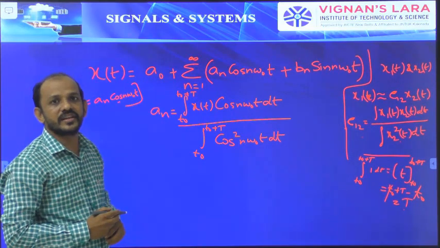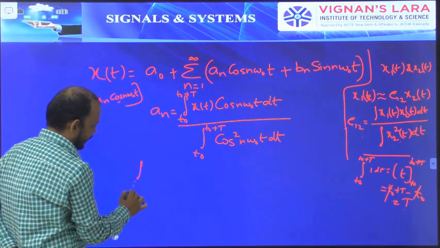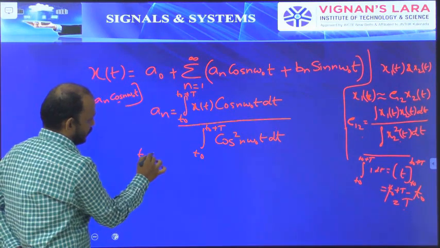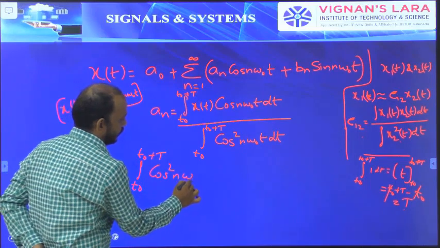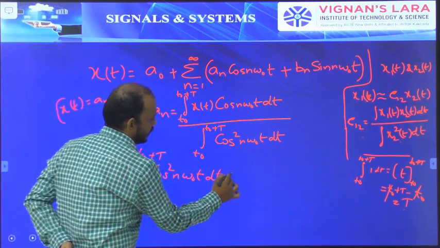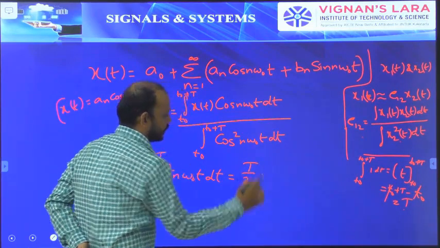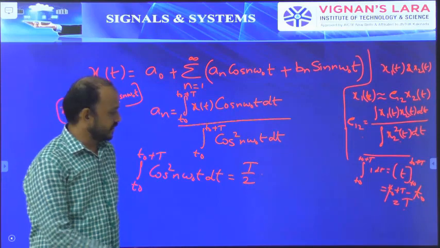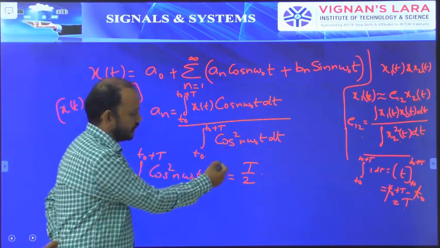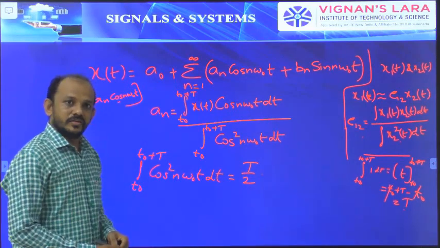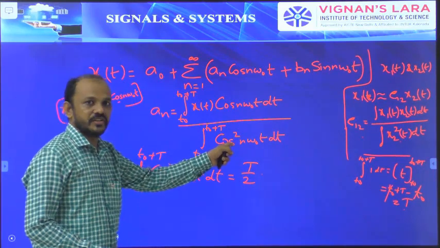So the integral t naught to t naught plus capital T of cos square n omega naught t dt will be equal to capital T by 2. So that is for your work. If you go on solving this equation, you will directly get T by 2. So we will substitute the value of this one as T by 2 in this equation.